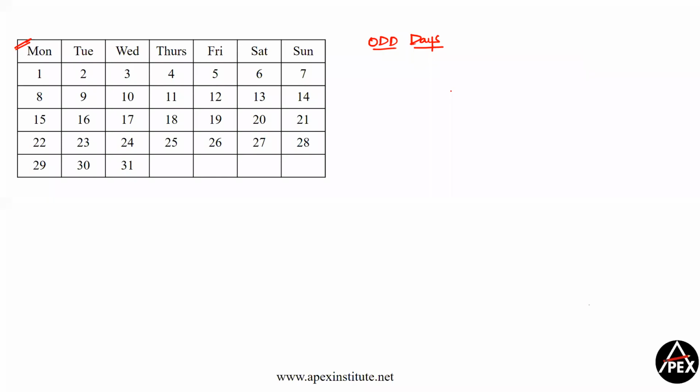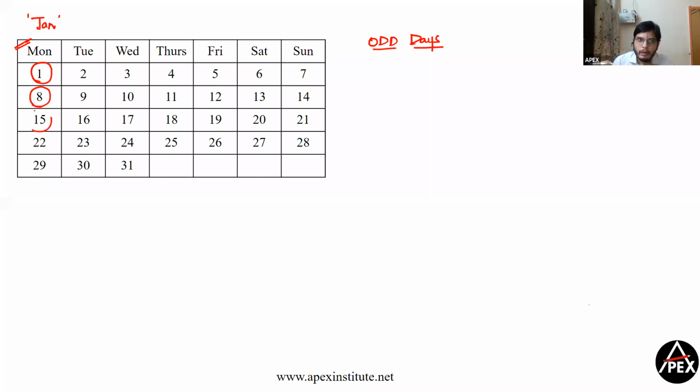This is a calendar of a month which has 31 days, so let me consider this as the calendar of January. Now if I say 1st Jan is on Monday, then observe 8 is also Monday, 15 is also Monday, 22 is also Monday, and 29 is also Monday.